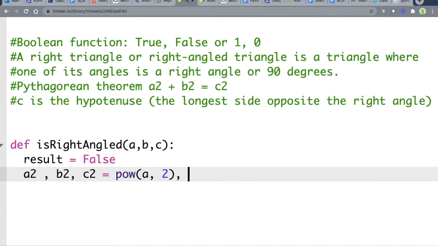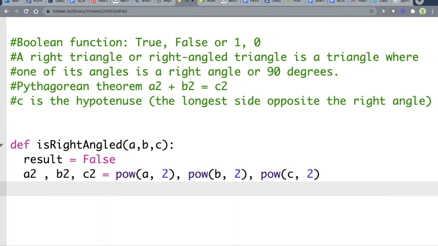We copy this one, and like this, here we have b squared and lastly c squared. So this is a into power 2, b into power 2 and c into power 2. These squares are saved in these three variables.